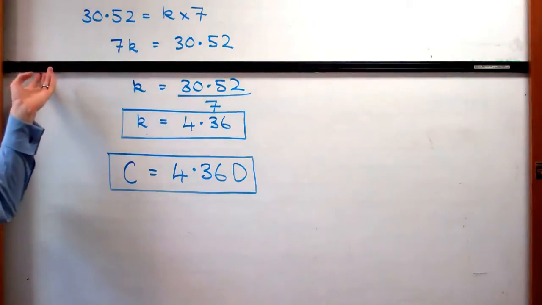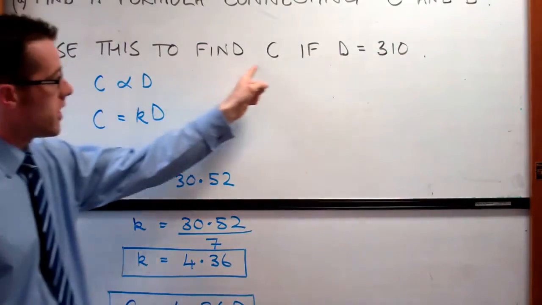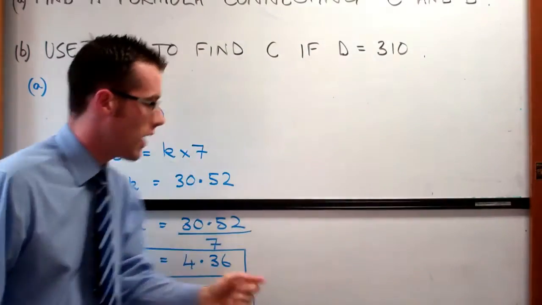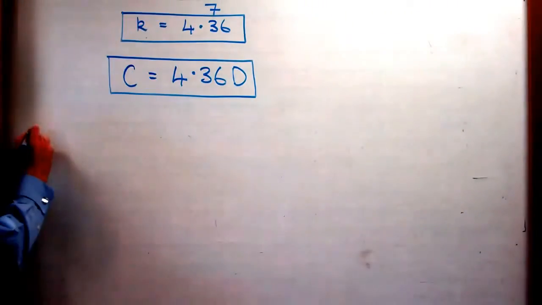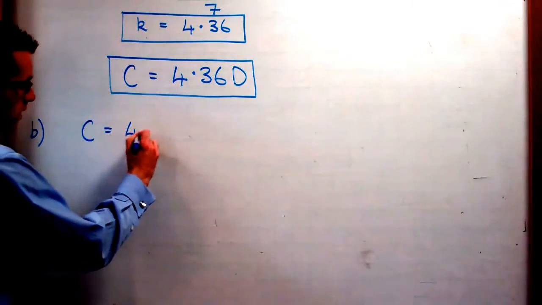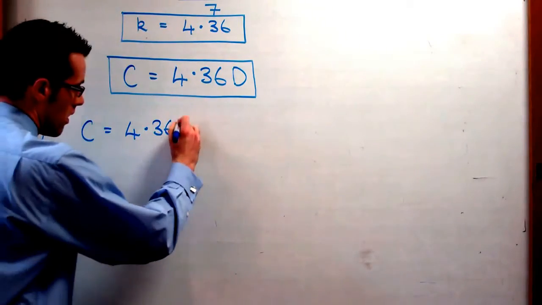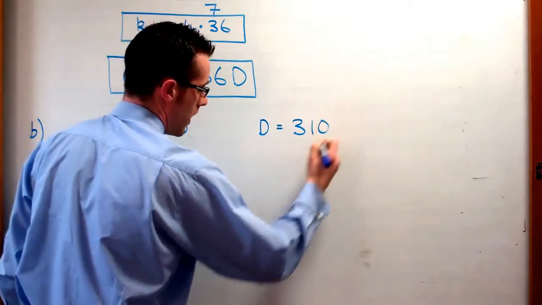Now, part B asks us, if we scroll back to that, to use this to find C if D equals 310. So it's just substitution now. All we have to do is start with our formula, and we know that D equals 310.